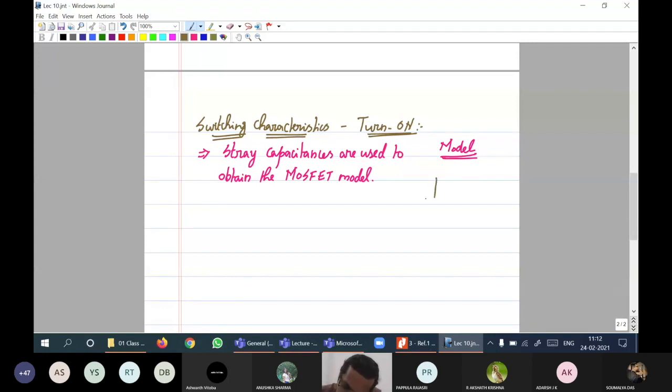Firstly, let's take the gate. This is the gate terminal G, and let's take that there is a drain terminal here, drain D, and let's assume that there is a source terminal here. These are the three terminals of a MOSFET. So between gate to drain, you will have a capacitance which is named as CGD, gate drain capacitance.